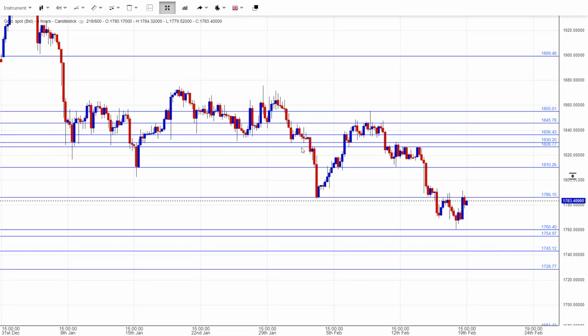All right, guys, so that's how you would assess the week. You can do an estimate. And another thing that I use, which is a great tool to give you a good idea of where price will hit, is a tool called the Fibonacci.